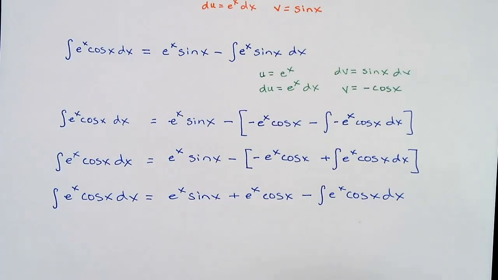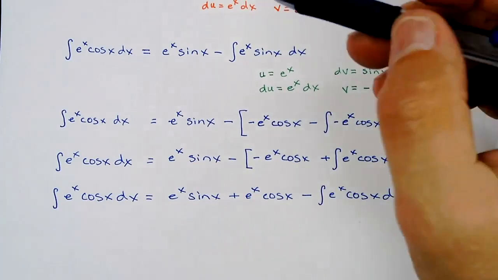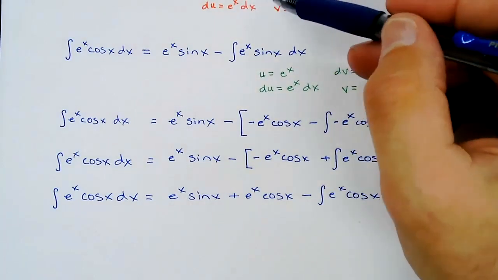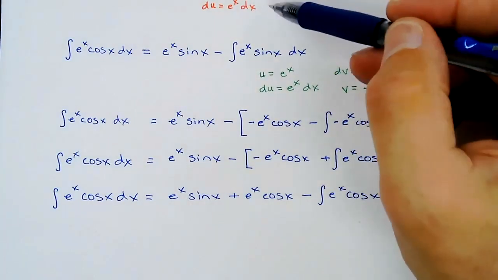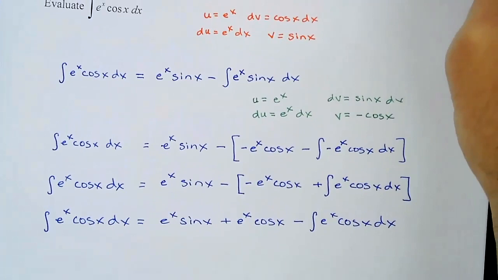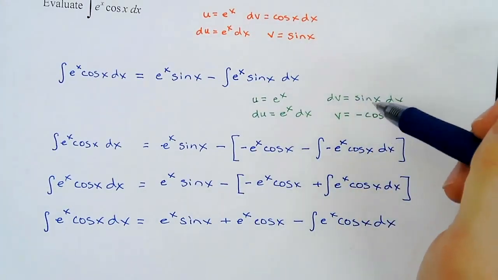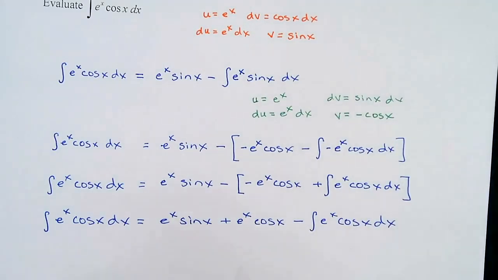Now, because we're dealing with e to the x, the derivative of e to the x is just e to the x, and we're dealing with dv, which is cosine x, which changes to sine x. These are going to start switching back and forth between sine x and cosine x, and they're going to alternate, right?